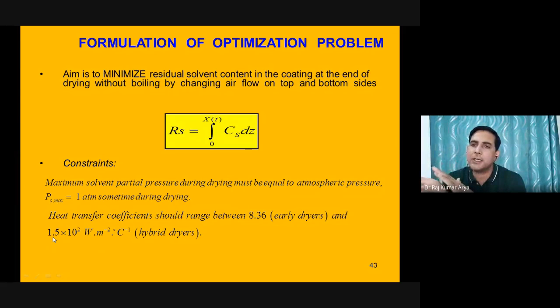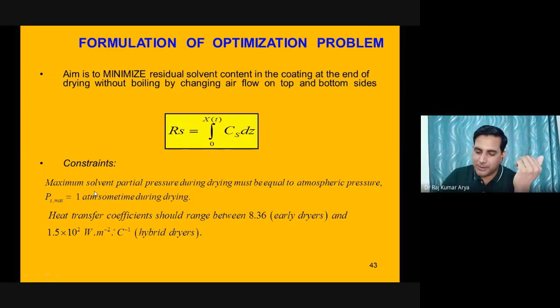Based on that, you can calculate the bubble point of your coating, not of the solvent. The coating bubble point would be different compared to the pure solvent. So these are your constraints, and based on that, the bubble point is calculated. This is your constraint that all the time I am calculating the bubble point. The bubble point of the coating should always be less than or equal to the boiling point of the coating.